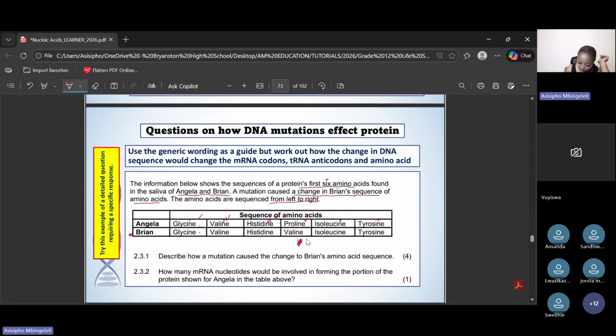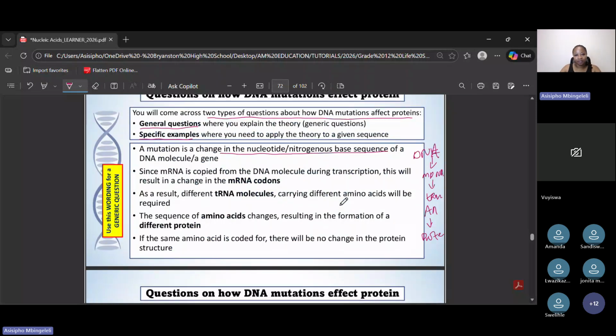Describe how a mutation caused a change to Brian's amino acid sequence, for 4 marks. You're not going to skip that 4 marks. Describe how a mutation, there's the keyword, caused a change to Brian's amino acid sequence. What happened that led to Brian's amino acid sequence changing? We are going back to this.